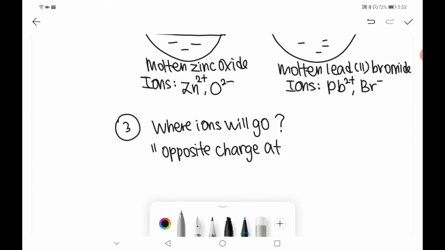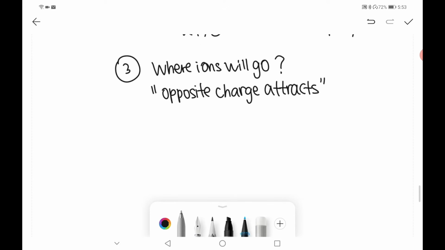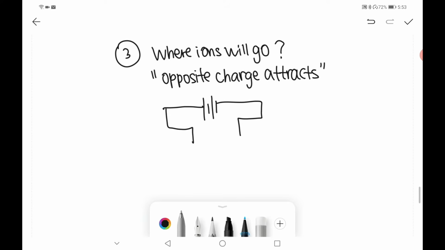So opposite charges attract. Let's say today we have a battery and a wire, and the wire here we connect to two pieces of electrode.